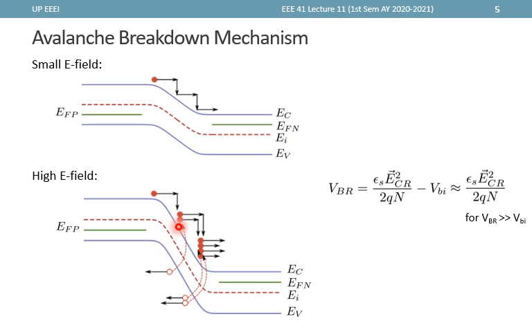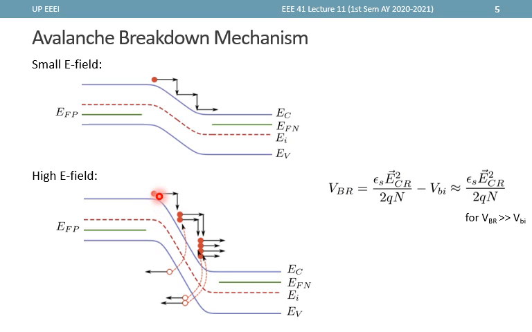So if this kinetic energy is larger than the EG of the material, then when that electron bumps into an electron originally at the valence band, it will be able to knock off that electron, break the covalent bond and promote that electron to the conduction band.